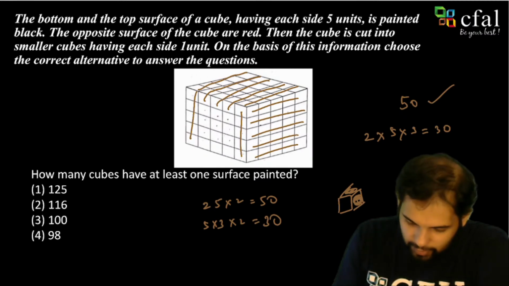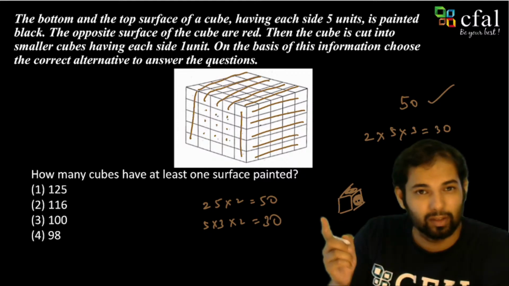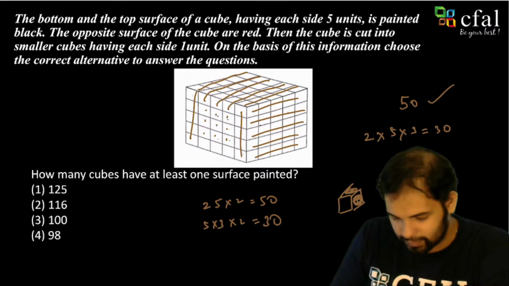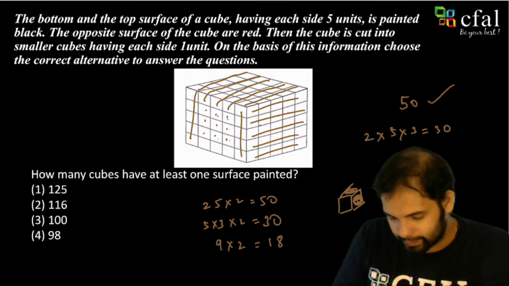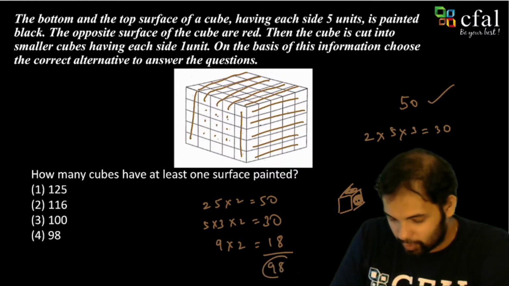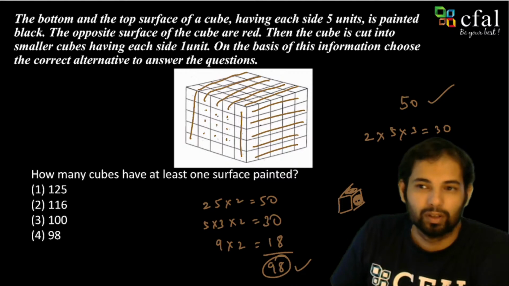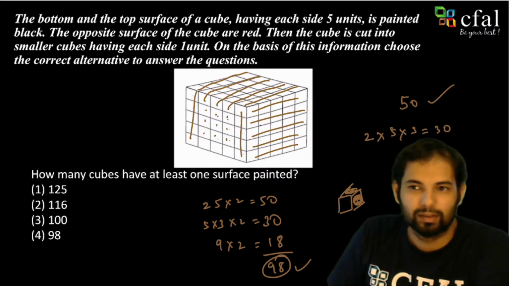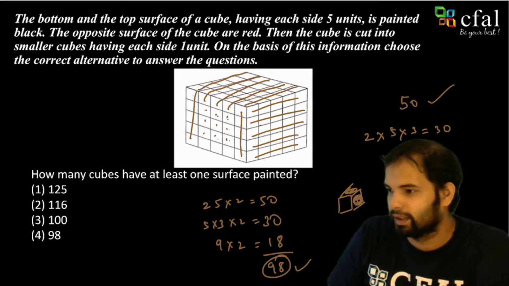The remaining are only these cubes: 1, 2, 3, 4, 5, 6, 7, 8, 9. Again, on both the sides, 3 into 3, 9 into 2, this is 18. Fine. So 98 is the total possibility of cubes which are going to get painted. Okay. Is it fine?